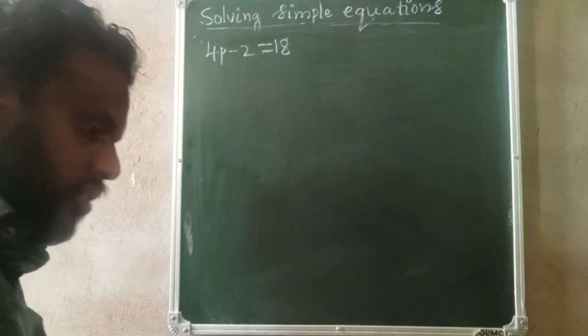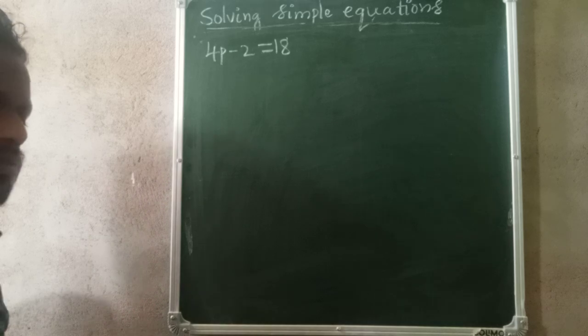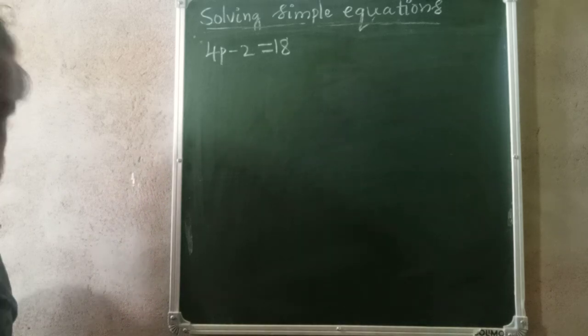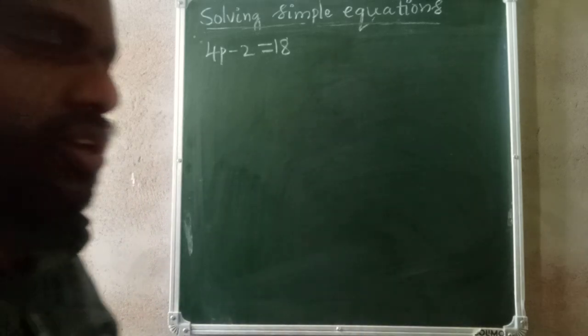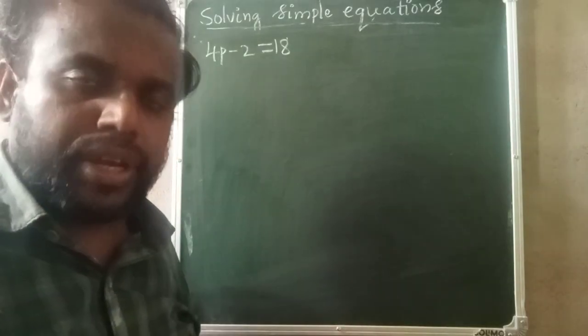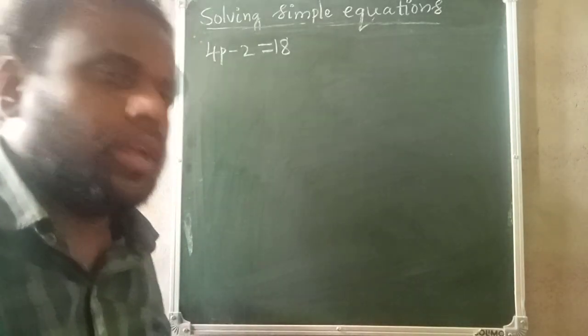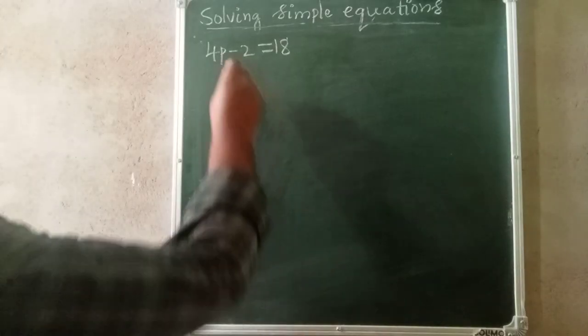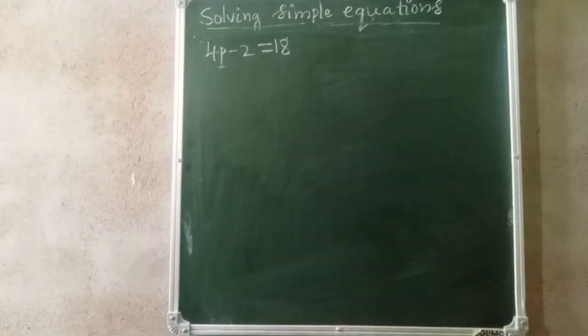So now we have to solve this simple equation. When I say solve, it means we have to find the value of the variable. Here the variable is the letter p.